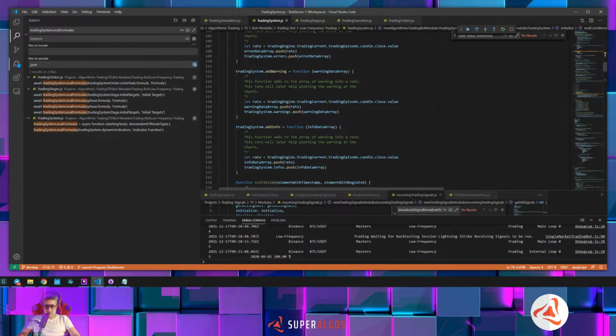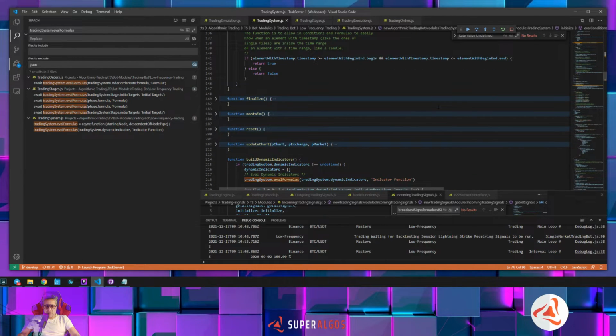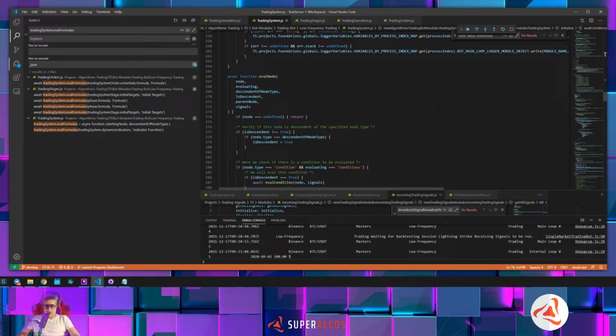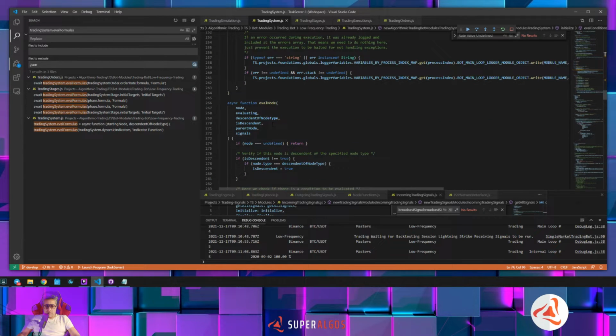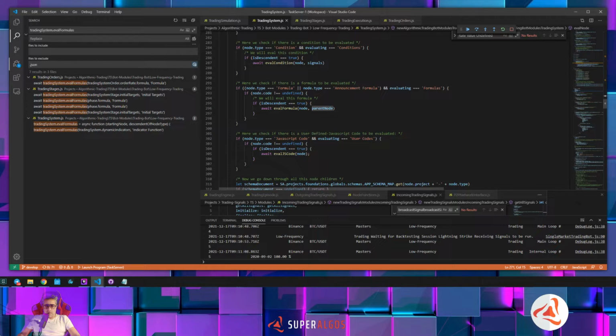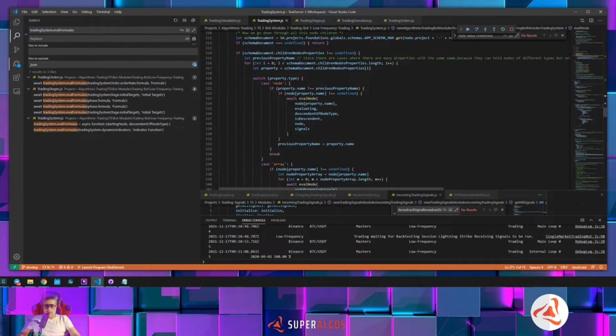Where is the parent node? Ah, the parent node is not sent.